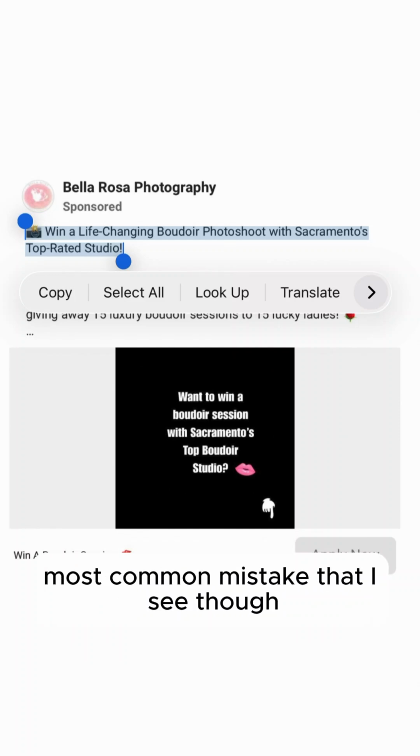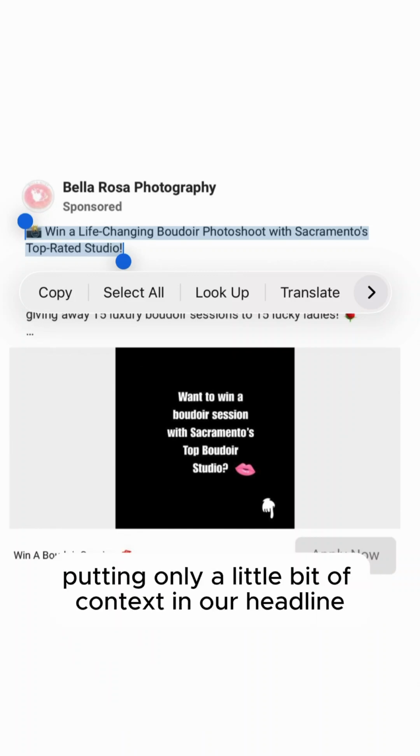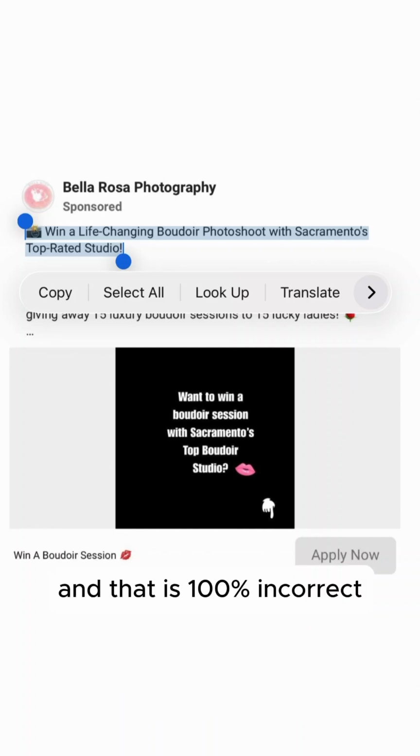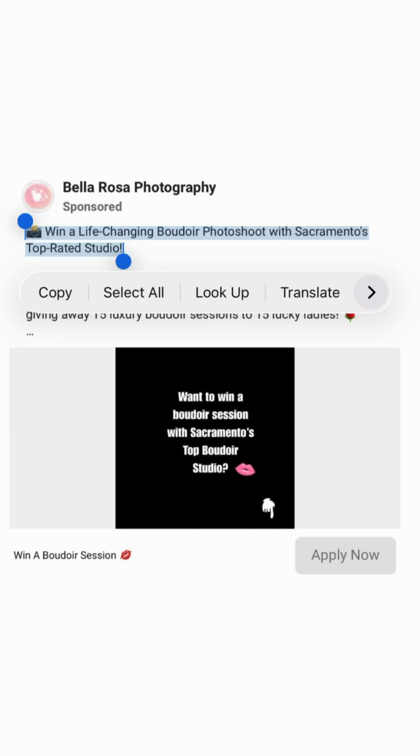Most common mistake that I see, though. The false belief that caused us to make this mistake is we believe putting only a little bit of context in our headline is the number one way to bring in buyers. And that is 100% incorrect when dealing with Facebook ads.